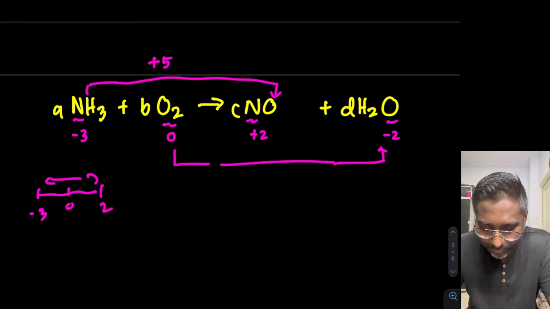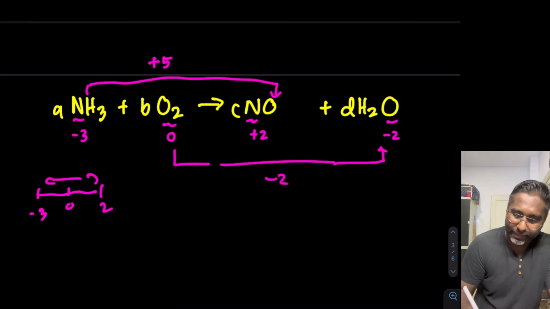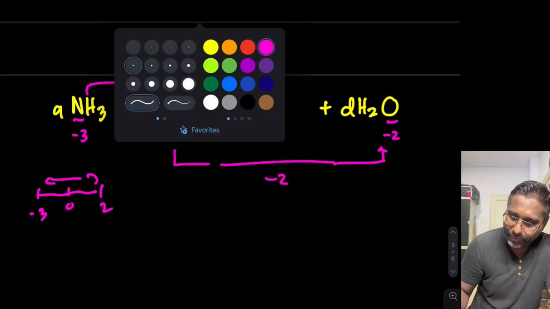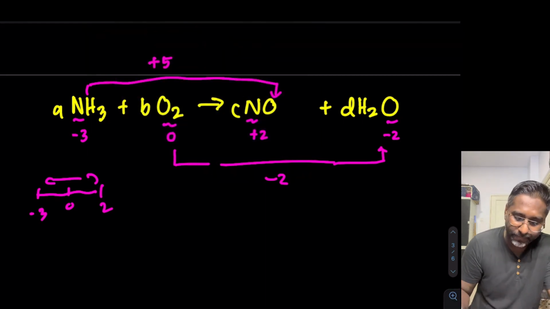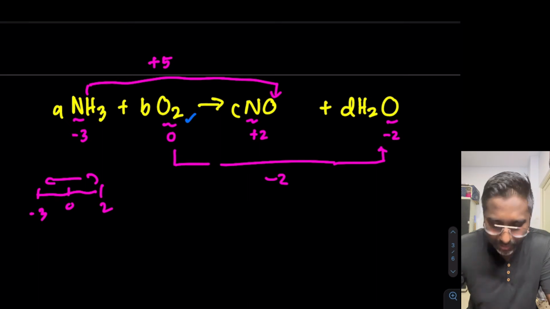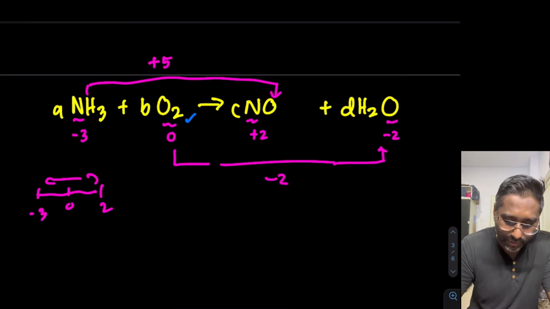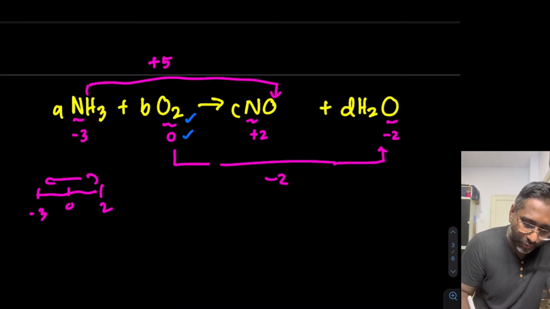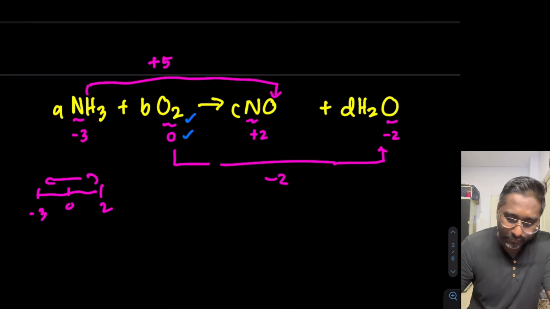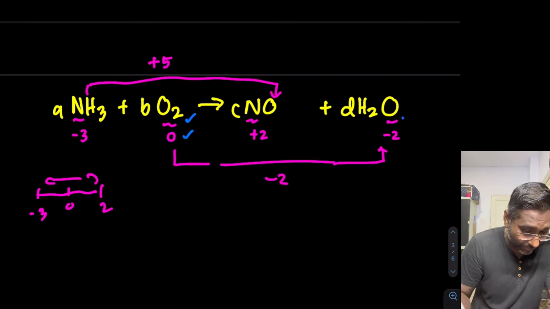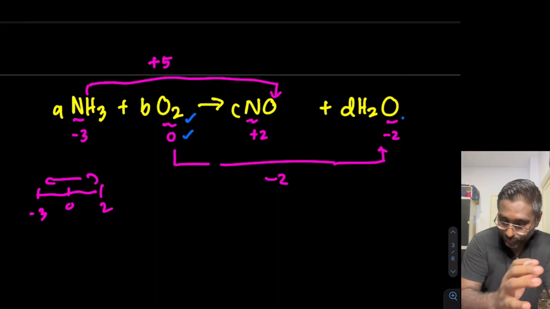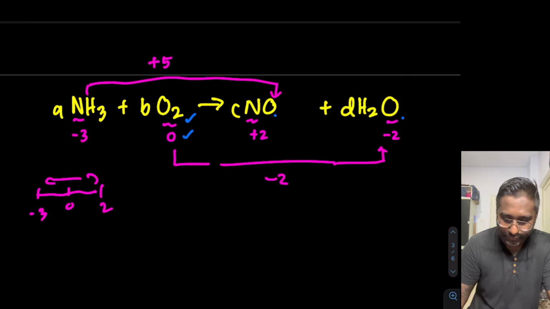So you have 5 units, and then from 0 to become -2, do remember this is not -2, don't make that mistake, because we are dealing with 2 atoms of oxygen. If 2 atoms of oxygen, this is 0, fine, 2 times 0, no issues. But for this one, even though it is 1, we have to look at it left and right as 2 atoms of oxygen.